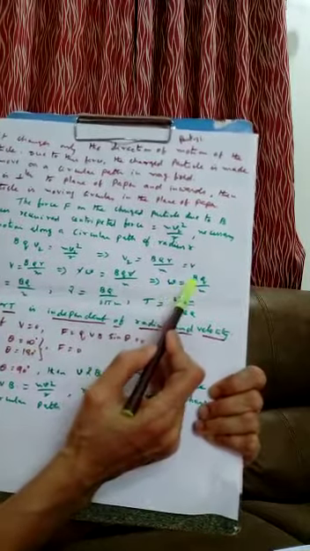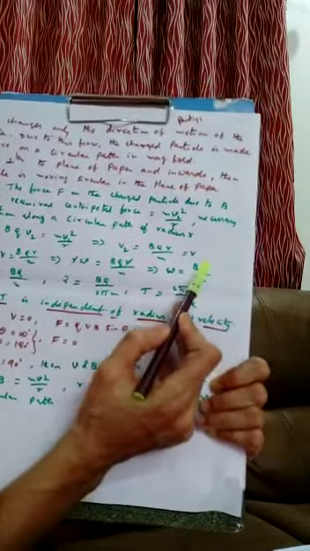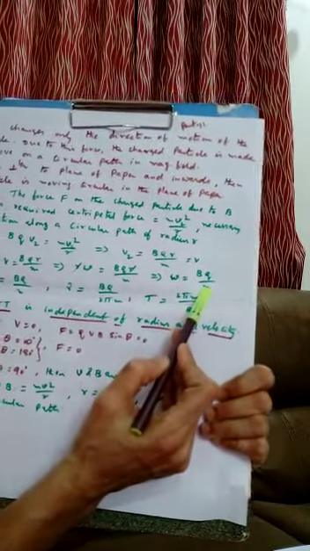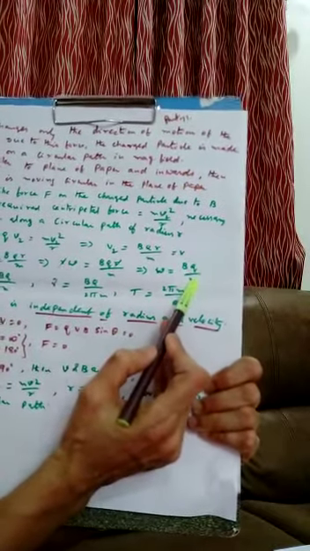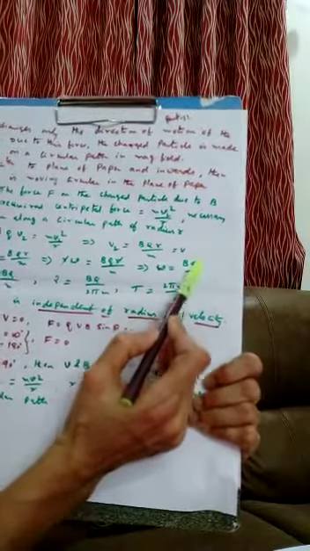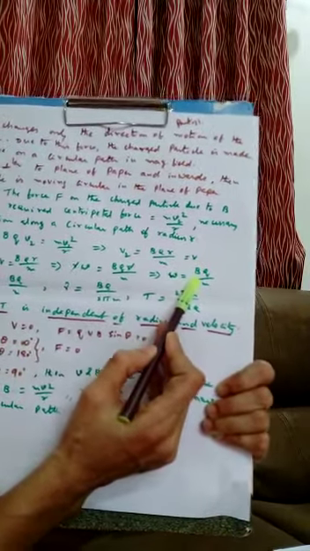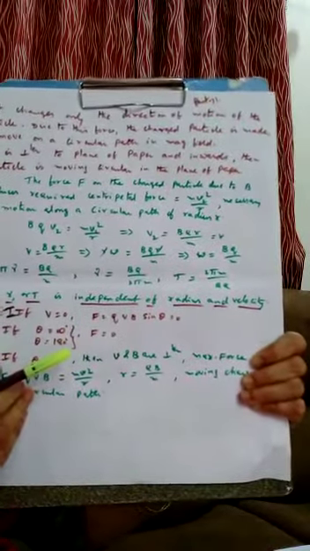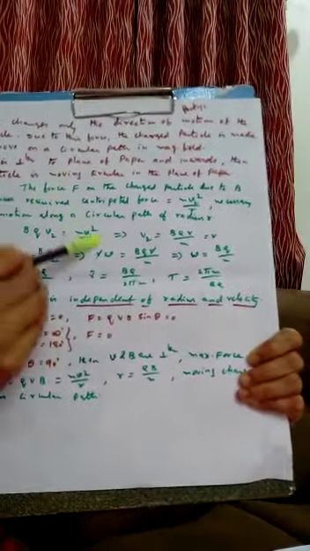It depends only on the magnetic field and e by m, charge by mass. What is specific charge? Charge by mass is called specific charge. It depends only on the charge and mass of the particle and the magnetic field. So the frequency of a charged particle in a uniform magnetic field is independent of velocity and radius. You have to derive this equation.